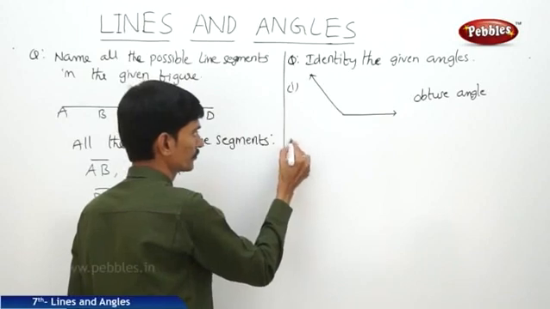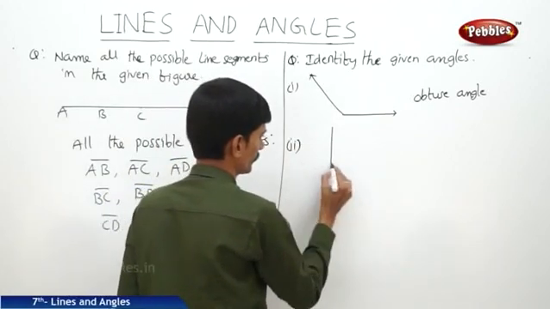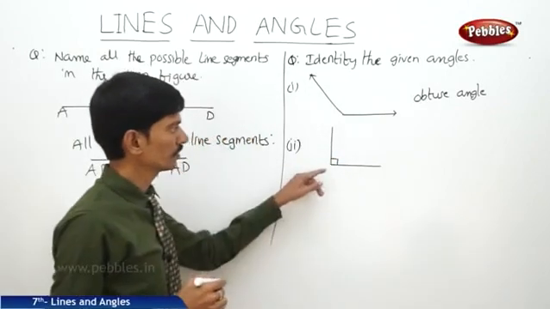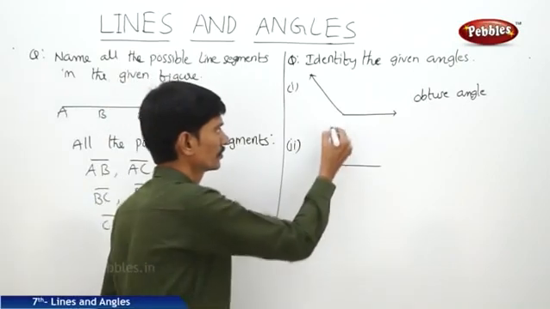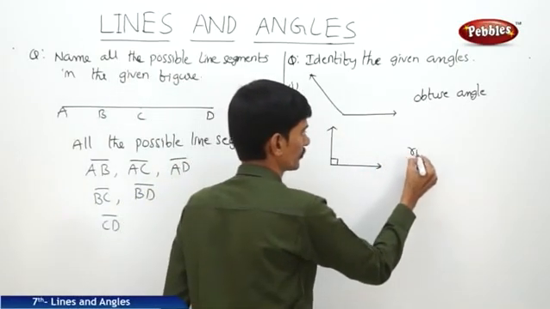For the second one, it is marked with a right angle, so 90 degrees, it is a right angle.